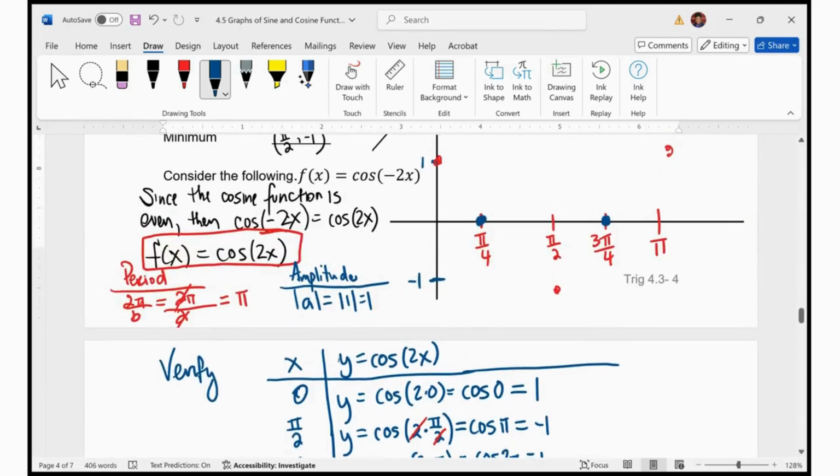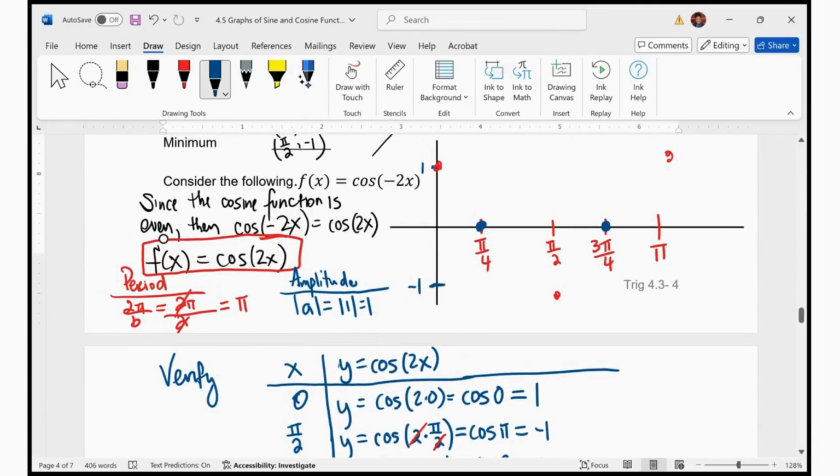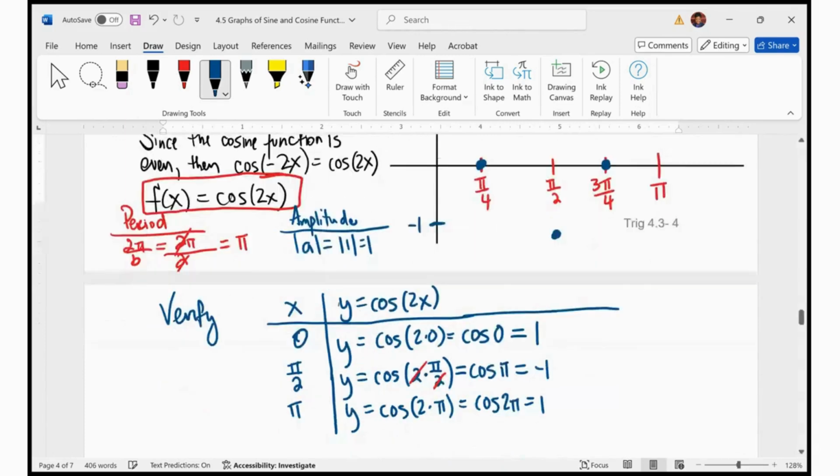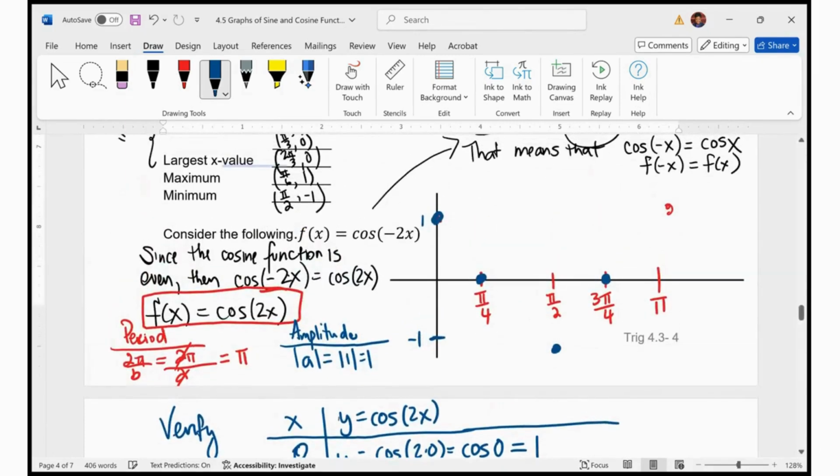Well, for 0, we get 1. Pi over 2 is -1. Pi is +1. So it's doing a little something like this, and it's going on forever and forever.